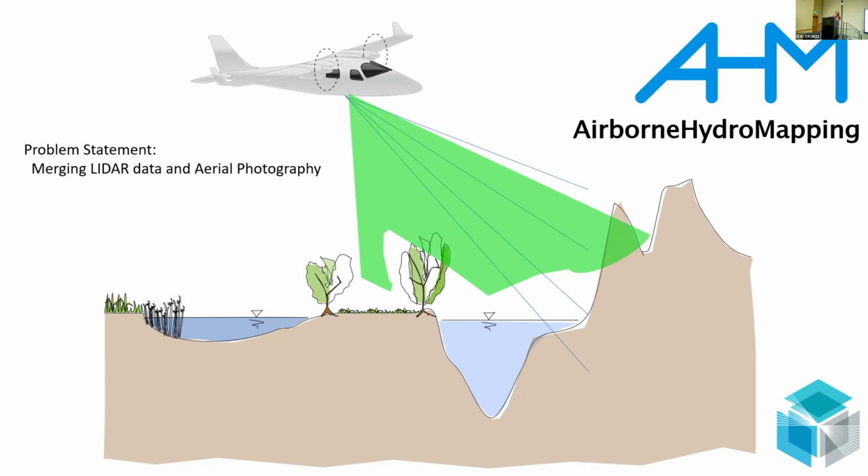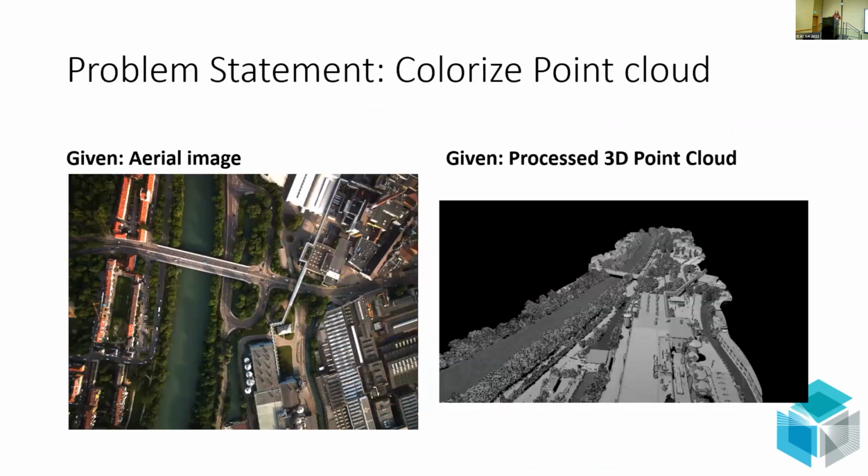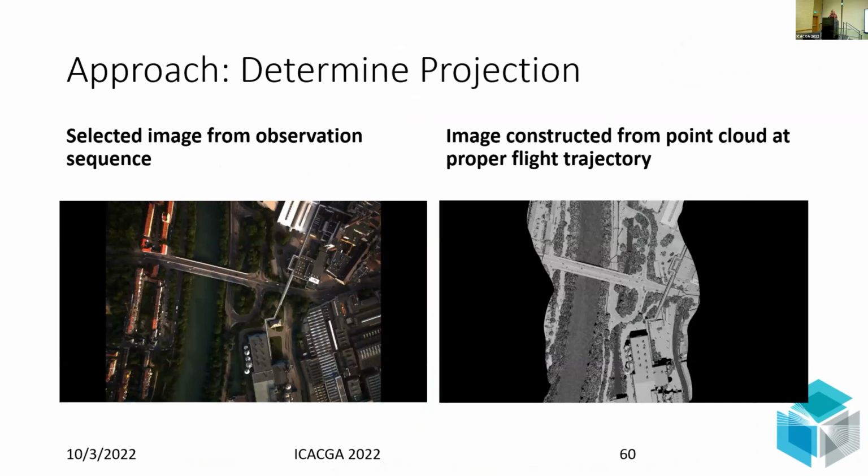We also make an image, a photo, and so we get 2 kinds of data sets describing the landscape down there: an aerial image and a 3D point cloud. And one question is, how can we use the aerial image to directly put colors in the point cloud? There are different approaches. The standard approach is pretty complicated, but the idea would be rather simple: select one image from the observation sequence, construct an image from the point cloud for the same flight trajectory, which is known, and overlay it.